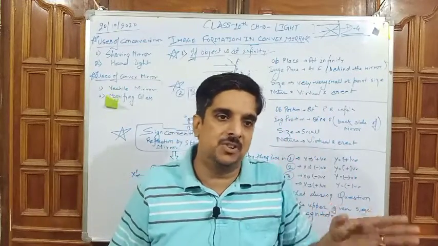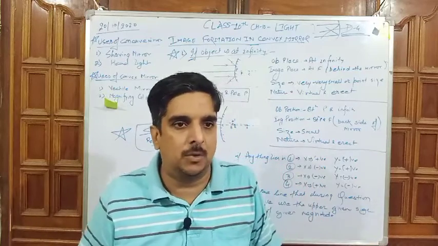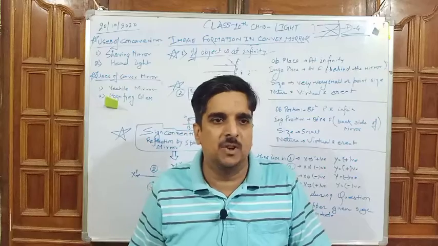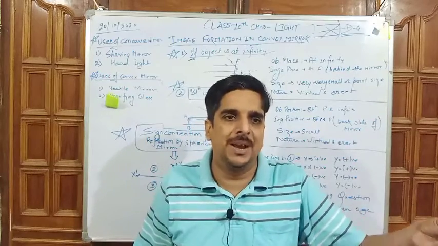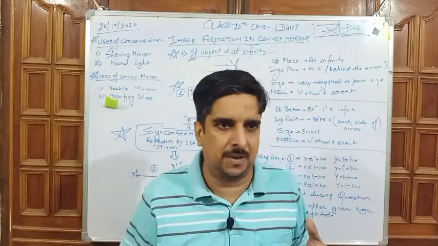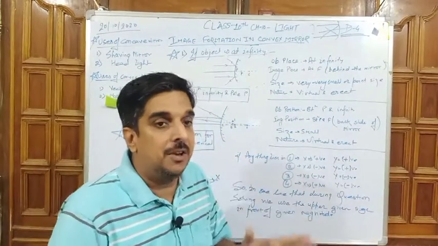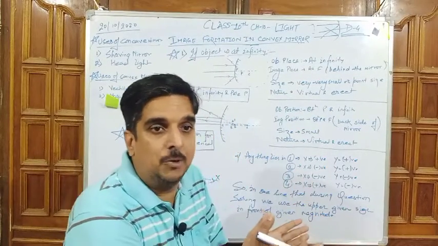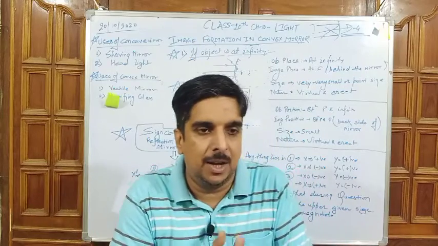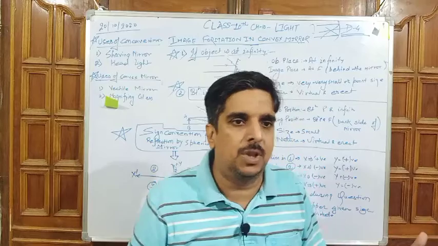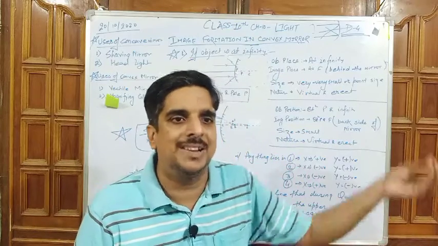In the examination they will definitely ask one numerical question from the light chapter. The possibility is approximately 80%, not less than 80%. So for solving the numerical, we need to know what is v, what is u, what is m.